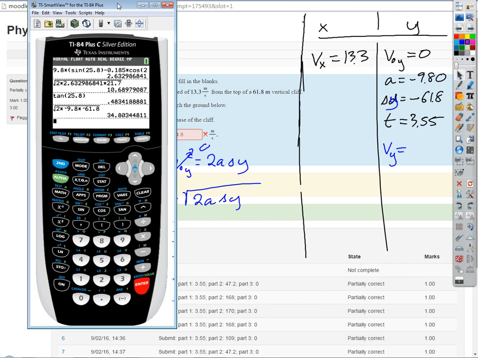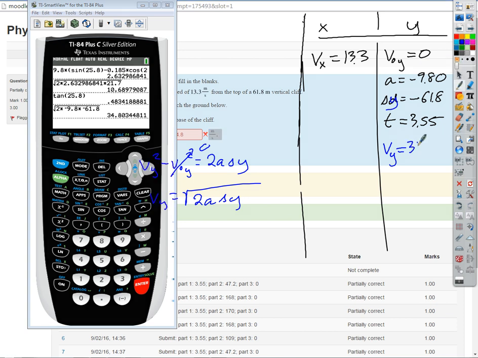Okay, so we can plug that in. So what did we just find? If we've got the vertical component and the horizontal component, those are the two components of the final velocity, the velocity of the rock when it hits the ground.